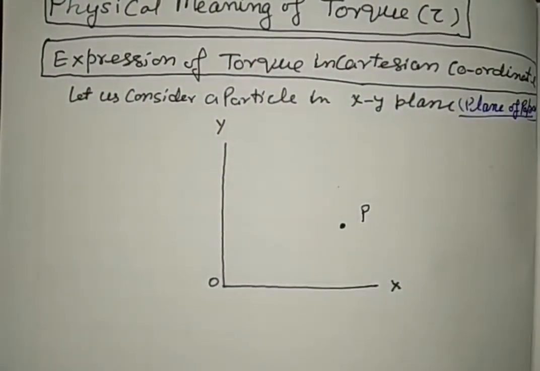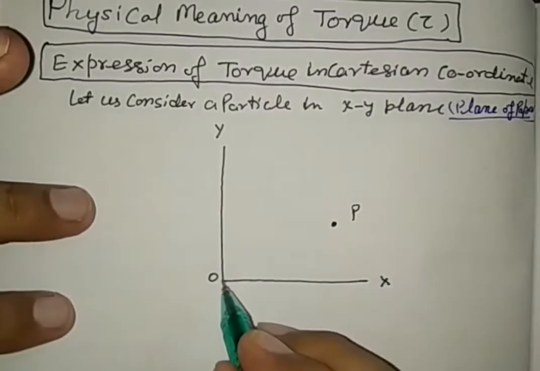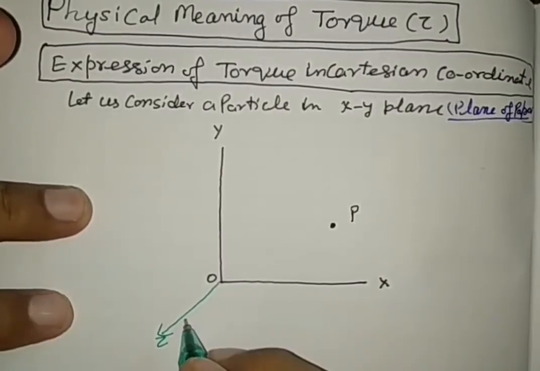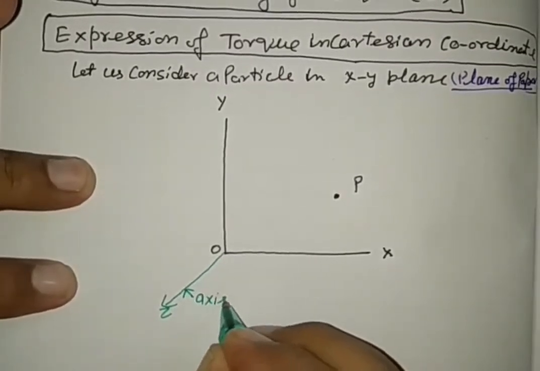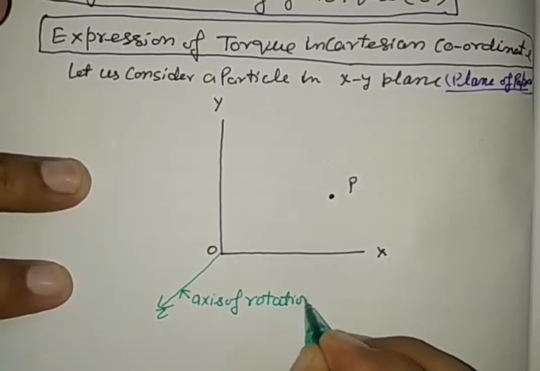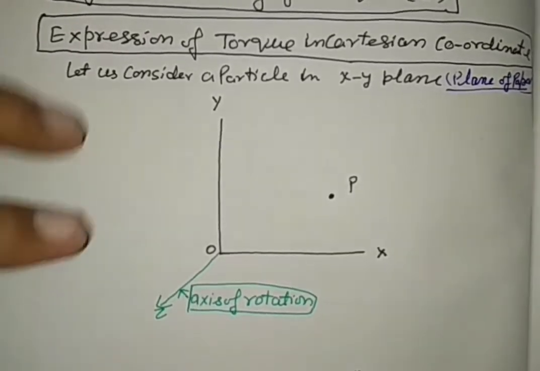See very carefully. And this axis of rotation, here I am making on a green pen here. Let this is Z and it is axis of rotation. See students, very carefully.